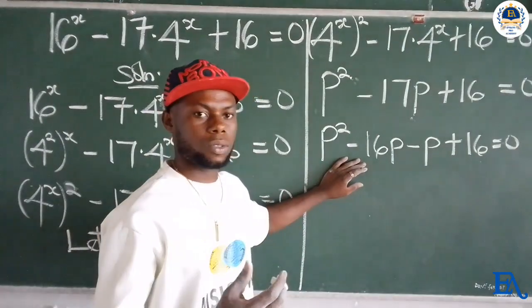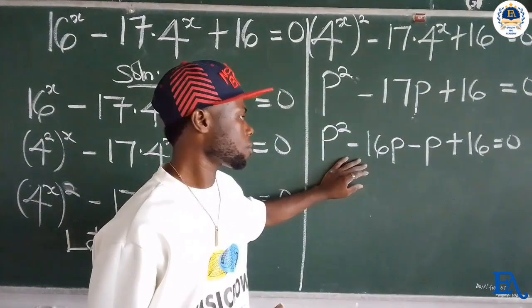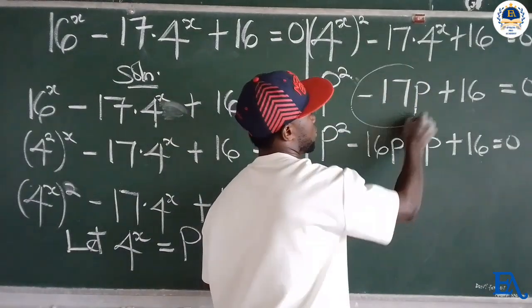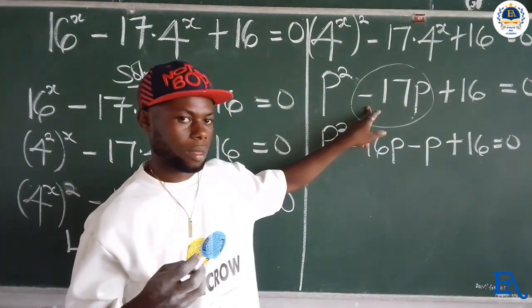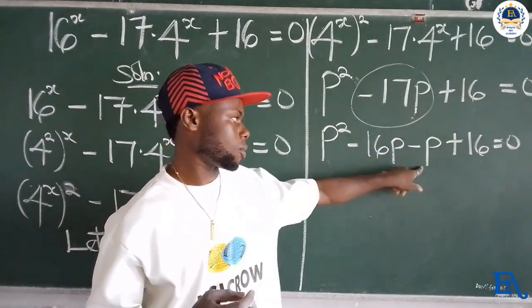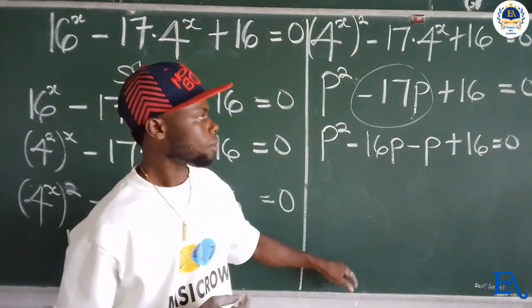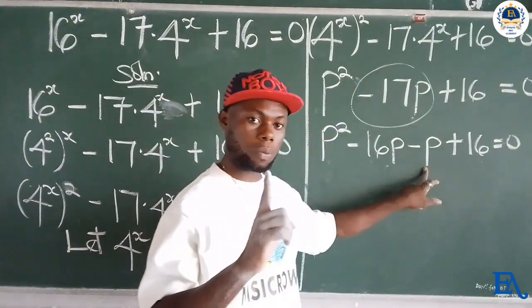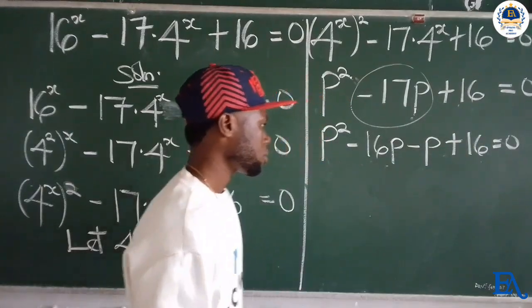After obtaining the two factors or the two numbers, you substitute those numbers for the middle term. That is to say, this term is going to be eliminated, and the minus 16 and the minus 1 are going to be used to replace it. p squared minus 16p minus 1p plus 16 equals 0.